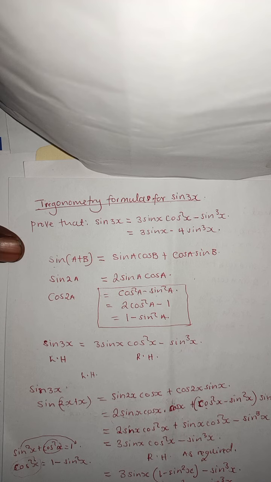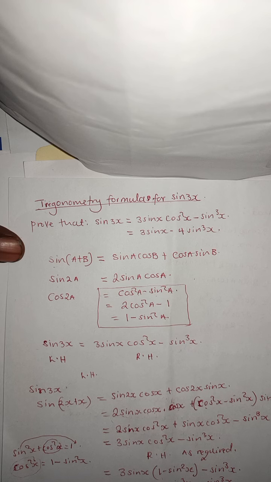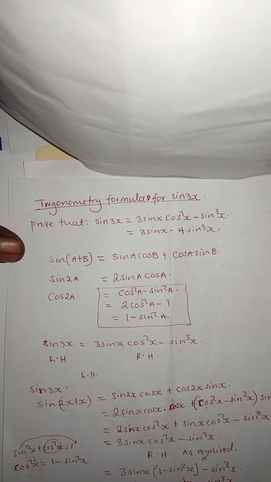They are like terms, so we add their coefficients, -3, -1, which will give us -4. Therefore, our last step will be 3 sin x, -3 minus 1, this will give us -4 sin cubed x.